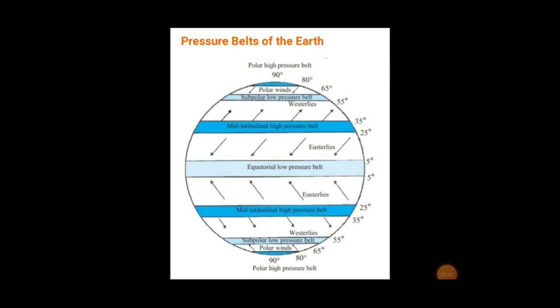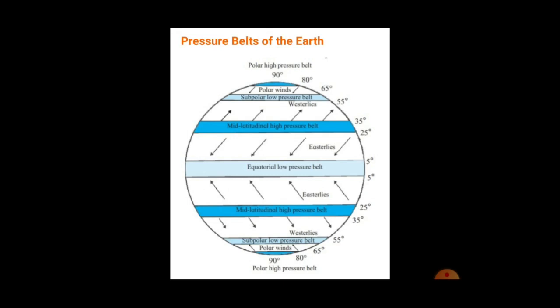Come to the next point, subpolar low pressure belt. Here, please note that the pressure belts are not only induced by thermal factors, but they are also induced by dynamic factors. Like in this region, because of rotation of the earth, air swings towards the equator, causing low density in this region.